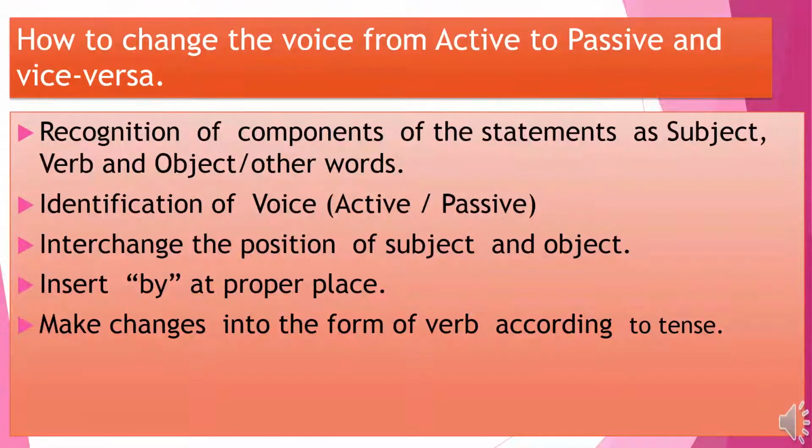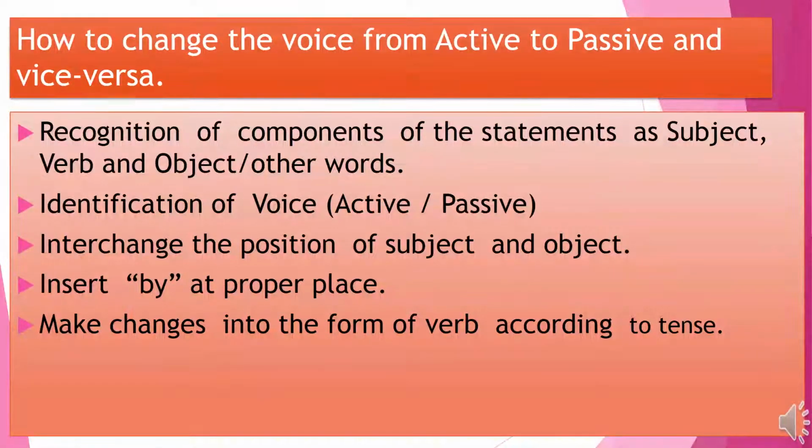Here are the steps to change the voice from active to passive and vice versa. First, recognition of components of the statement as subject, verb and object or other words. Then, identification of voice, whether it is active or passive.